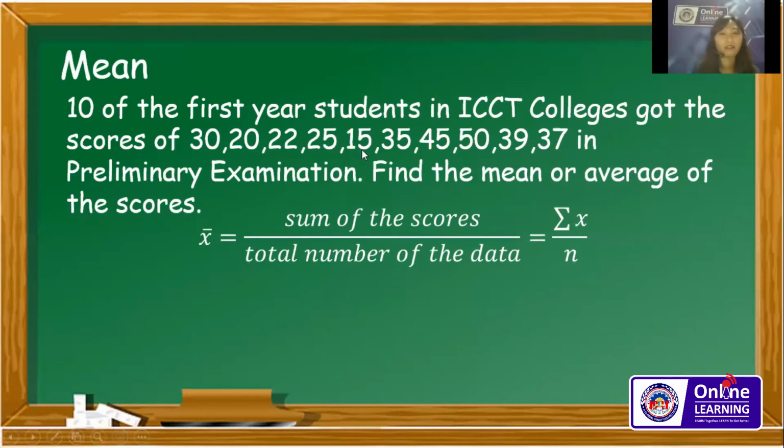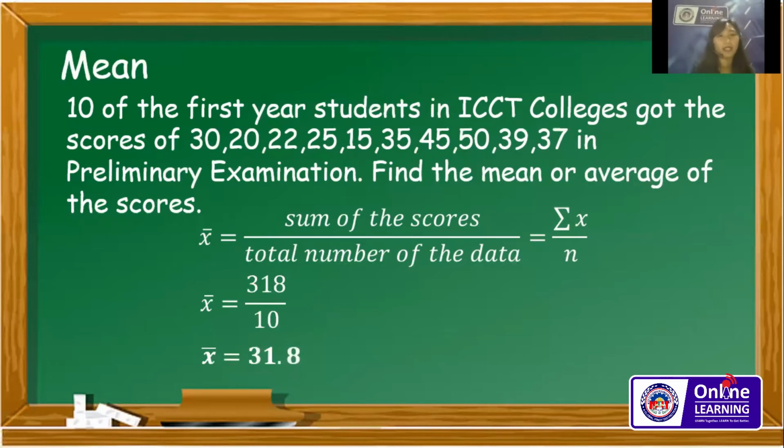So we add 30 plus 20 plus 22 plus 25 plus 15 plus 35 plus 45 plus 50 plus 39 plus 37, and that is equal to 318, divided by how many the data is. So 1, 2, 3, 4, 5, 6, 7, 8, 9, 10. So 318 divided by 10 is equal to 31.8. So that is the mean.